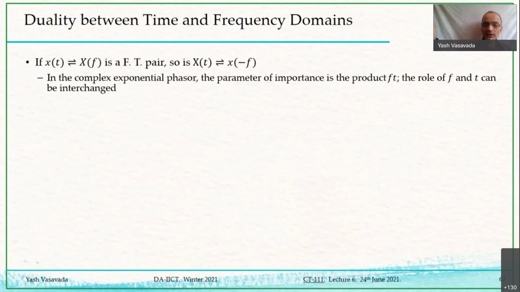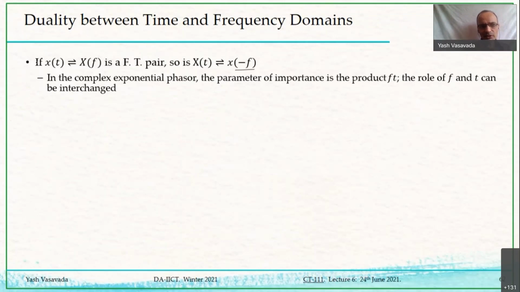What you were earlier calling time, now you start calling it frequency. And what you were earlier calling frequency, now you start calling time. Okay? And then the other thing that you have to do is flip the frequency axis. You have to do a left-right flipping, which is what this minus f sign tells you.